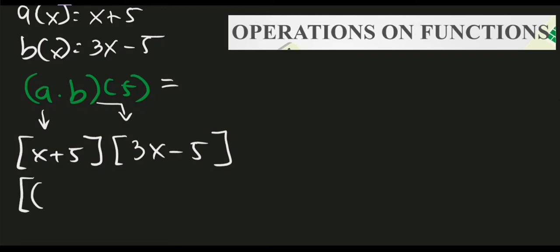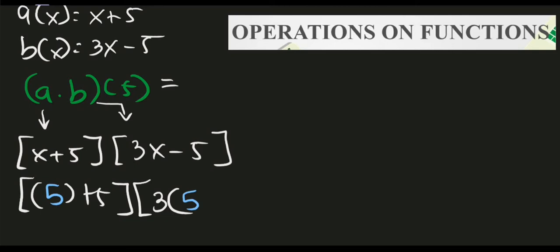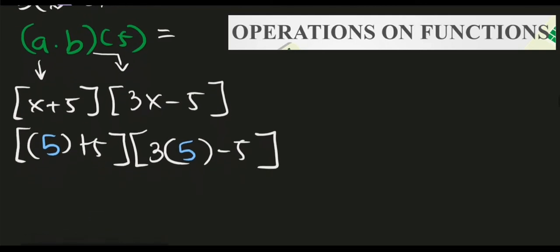So it will give us 5 plus 5, times, okay, we have this set of parentheses, which means we are under multiplication, 3 times 5, minus 5. Let's simplify each term, then multiply the answers. 5 plus 5 is equal to 10.